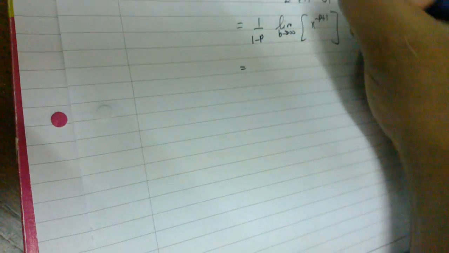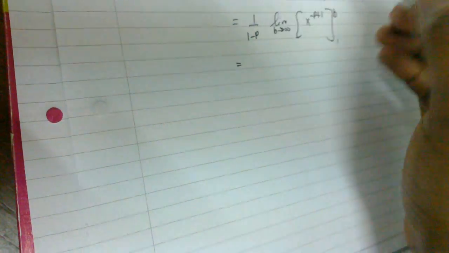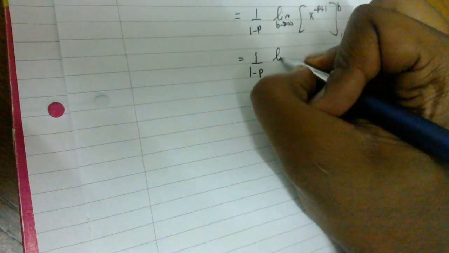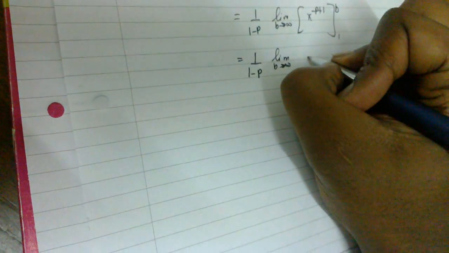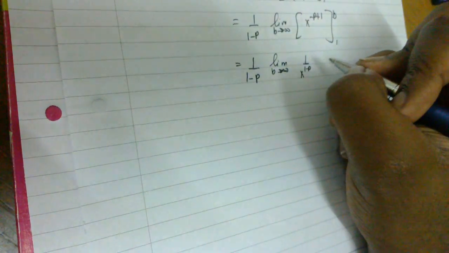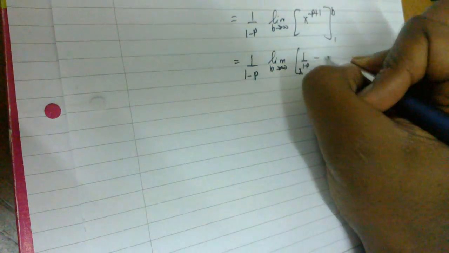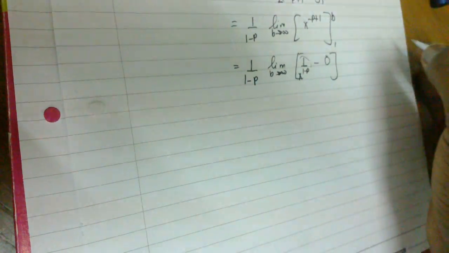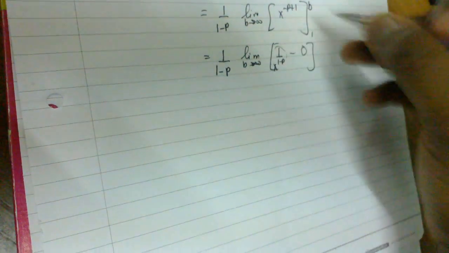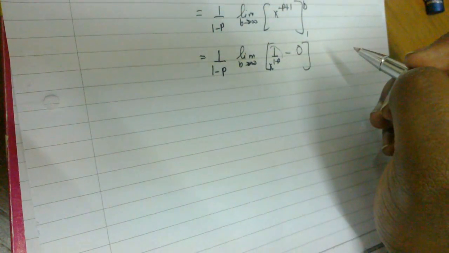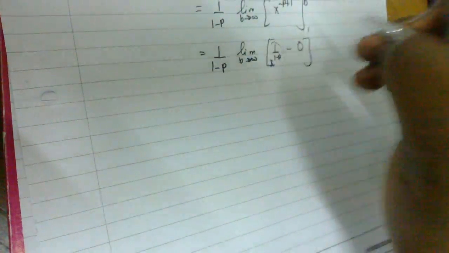Of course, if we put back the limits in this case, we will end up with something similar to the limit as b tends to infinity of 1 over b to the power 1 minus p, minus the lower-limit term, because you know very well that x to the power whatever it will be, in the end will always lead us back to this function.